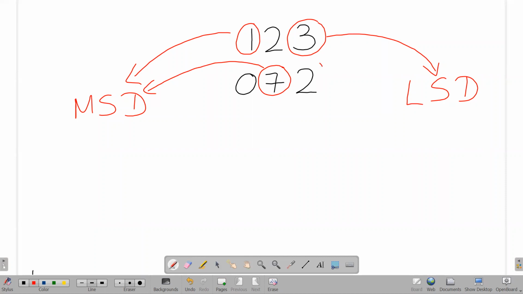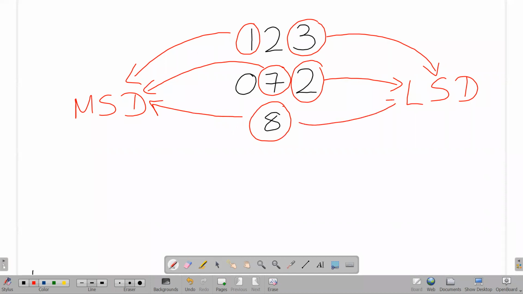And the least significant digit is going to be 2. And if the number is a single digit, like 8, then both the most significant digit and the least significant digit are going to be the same value, because there's only one value.